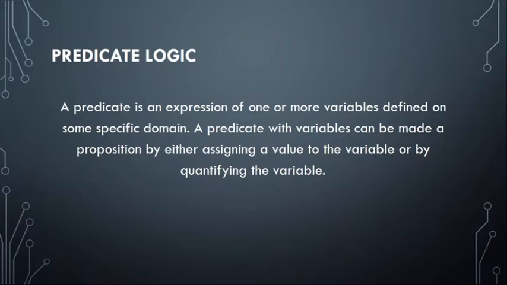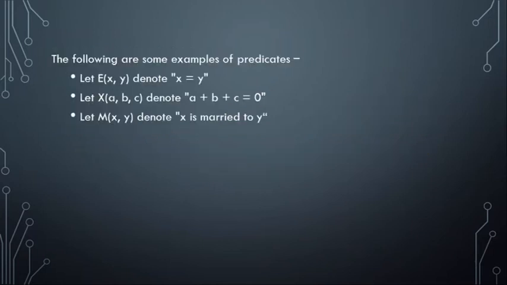So a predicate with variables can be made a proposition by either assigning a value to the variable or by quantifying the variable. So the predicate can be a proposition if you assign a value, and by using quantifiers. Here are examples of predicates.